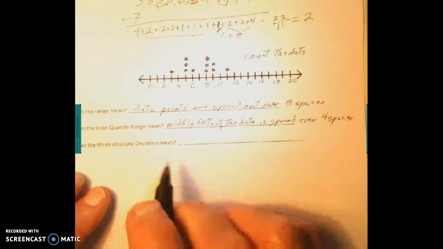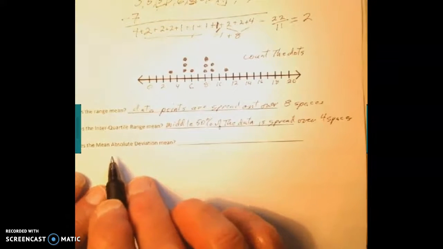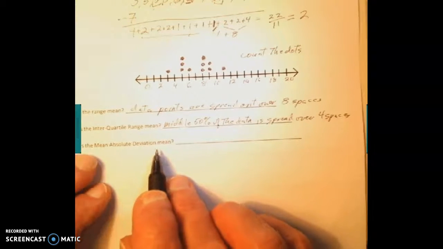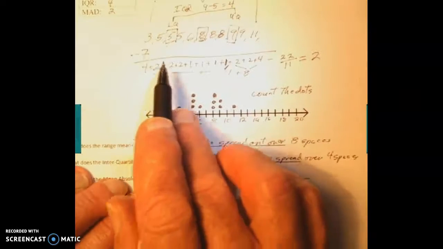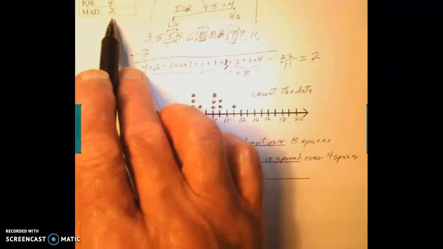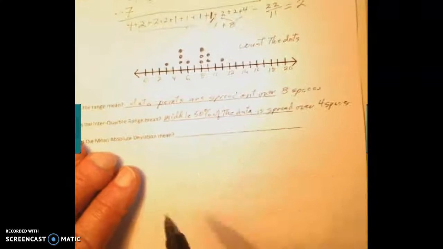Alright, and then our last question, what does the mean absolute deviation mean? This is the average distance from the mean.